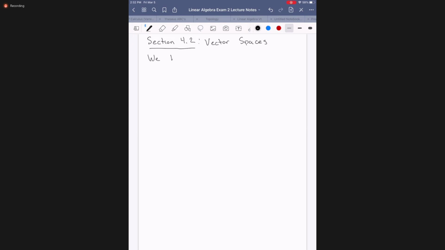So we have always been taking scalars from R, right? This entire time we've just been taking numbers from R and then multiplying and whatever. So in general, we don't have to do this.